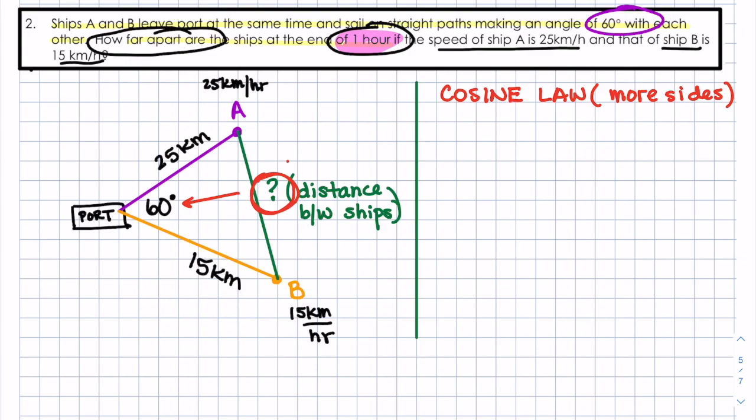So I'm just going to call this D for distance. So I have D squared is equal to 25 squared plus 15 squared minus 2 times 25 times 15 cosine 60.